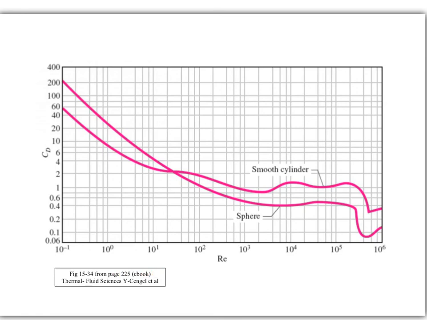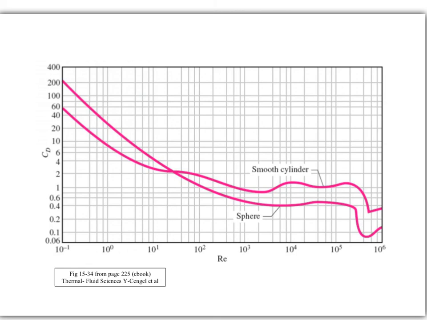We need this because if you look at the graph, the y-axis is the drag coefficient, the x-axis is the Reynolds number. So we need to know, first of all, whether we are dealing with a sphere or a smooth cylinder.